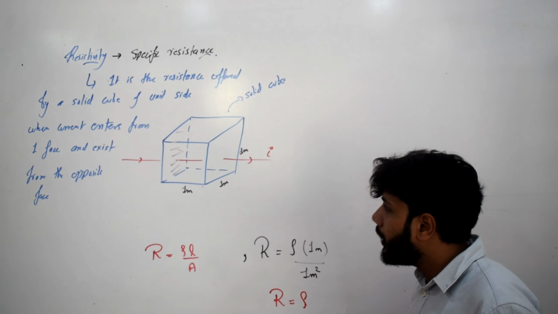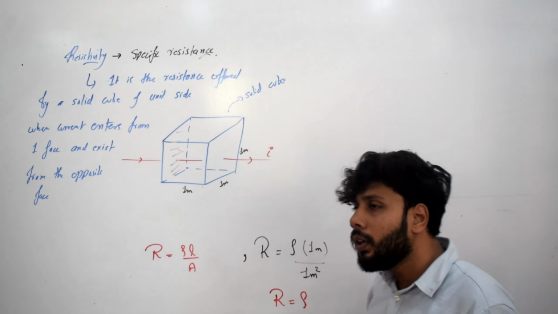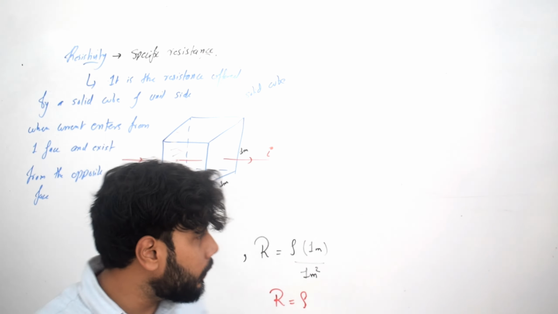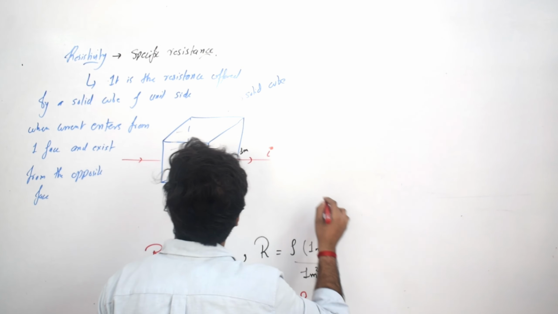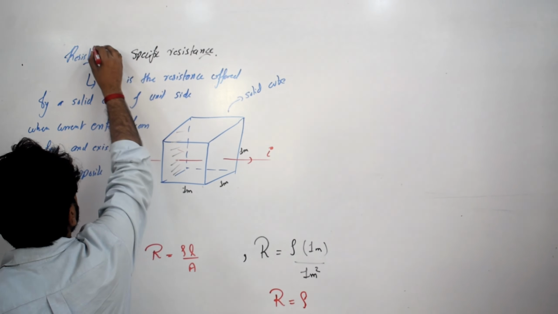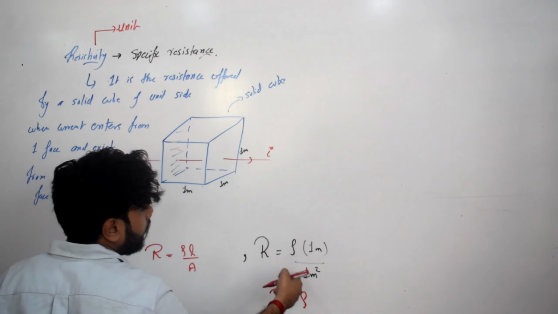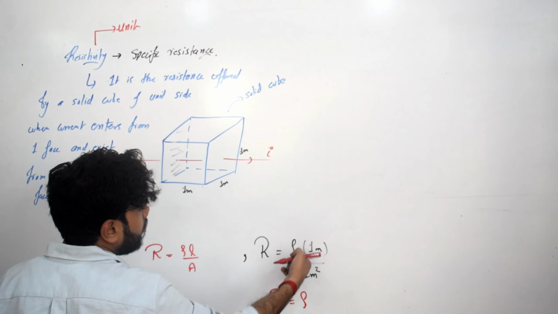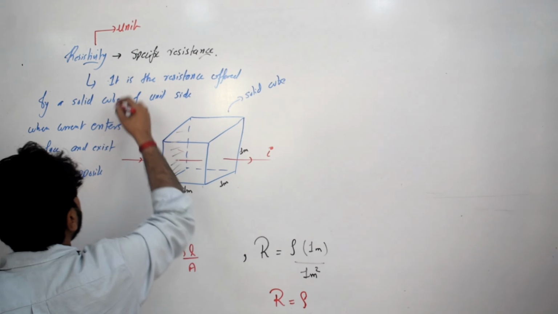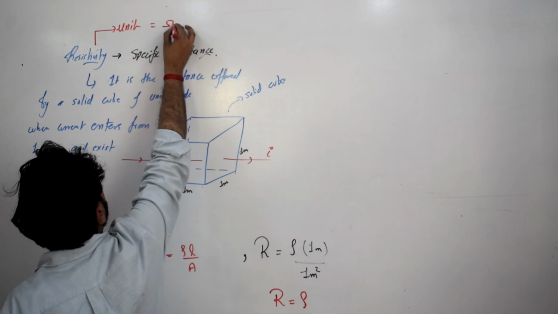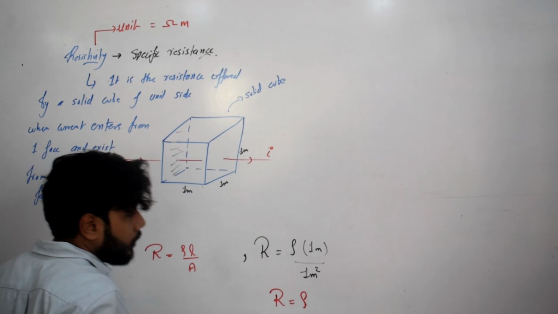Then the resistance offered by the cube is equal to resistivity. And if you see from the formula, the unit of resistivity is going to be ohm, with 1 meter left, so it will become ohm meter. So the unit of resistivity is ohm meter.